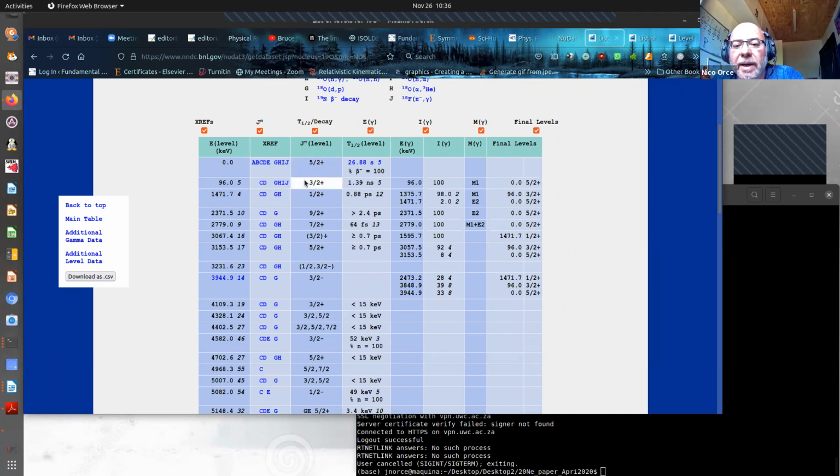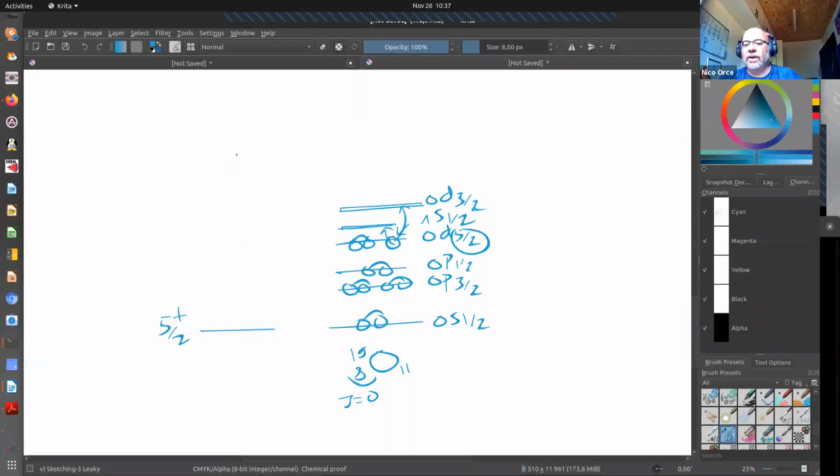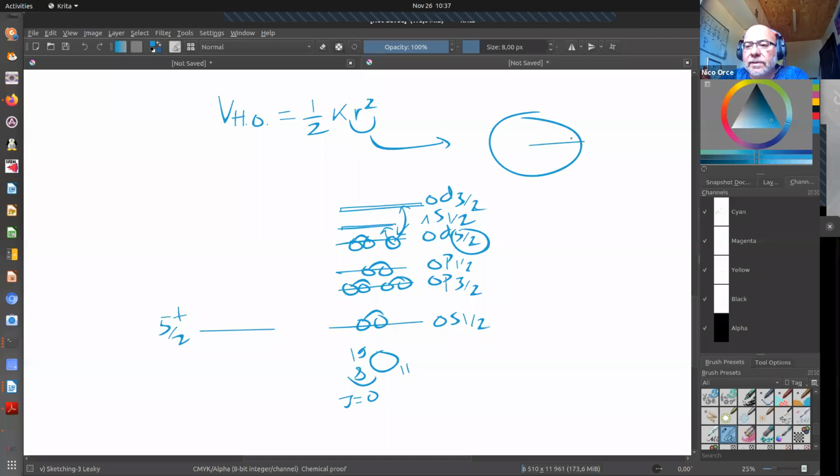Or it may happen actually that this nucleus starts becoming deformed. Very important to remember is that for these nuclei we have used the harmonic oscillator potential, which is 1/2 k r squared, and this presents a spherical symmetry, right, for each point in the sphere.